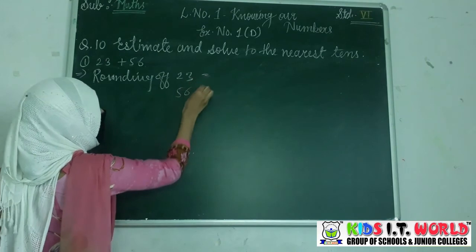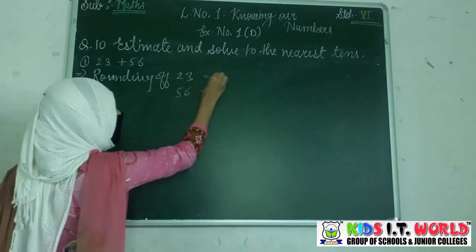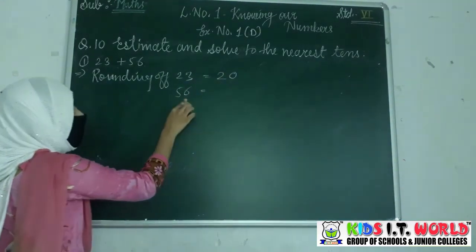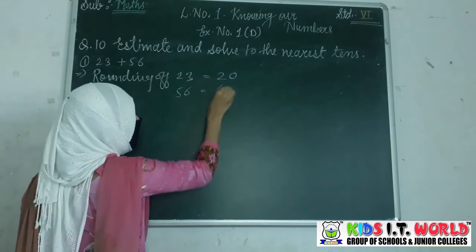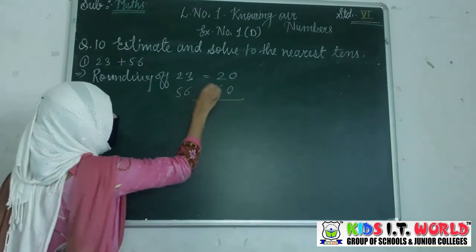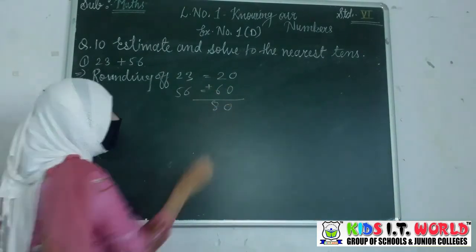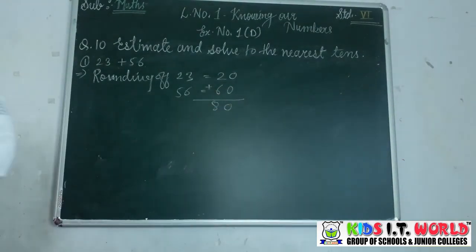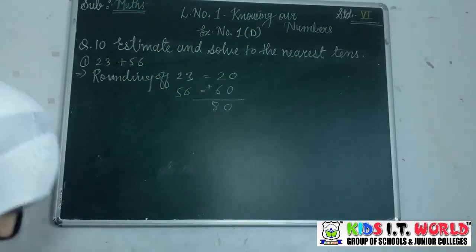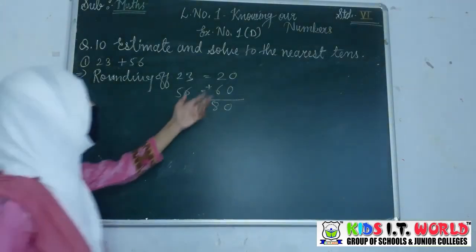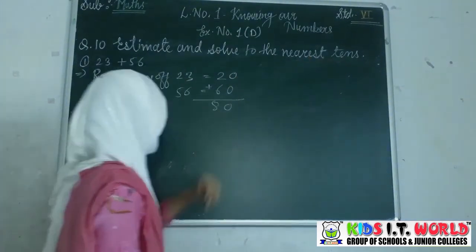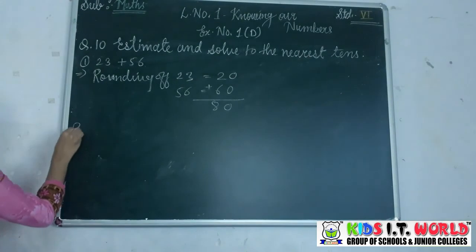The rounded value of 23 will be 20 and the rounded value of 56 will be 60. If we add these, we get the answer 80, which is the value nearest to the tens. In this way you have to do the second one also.